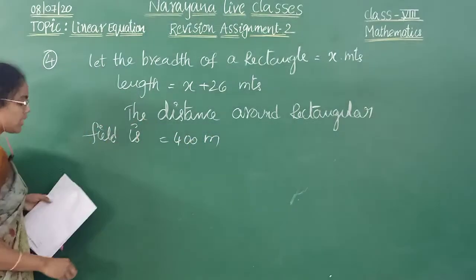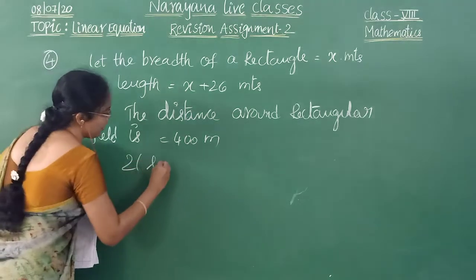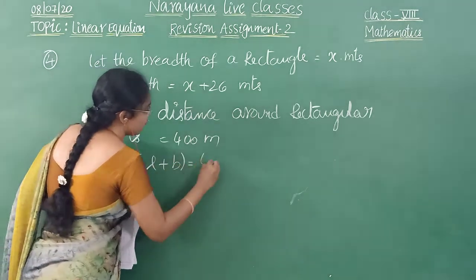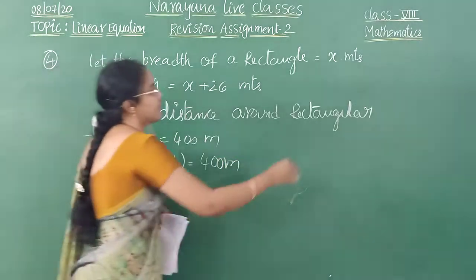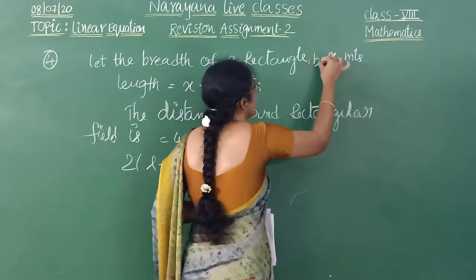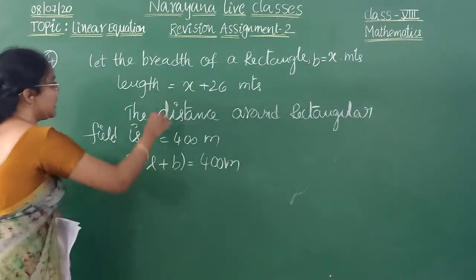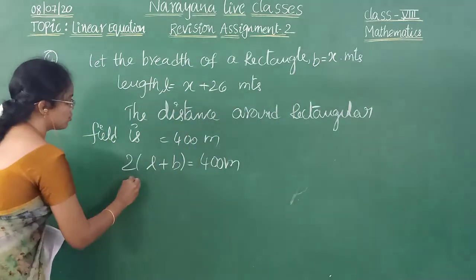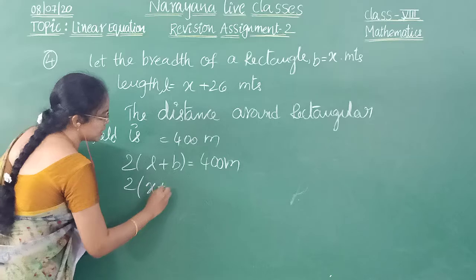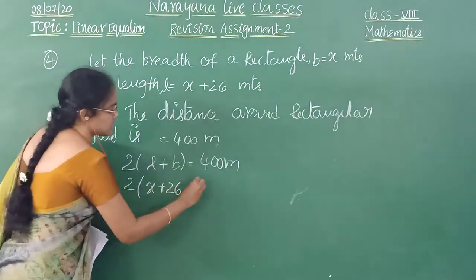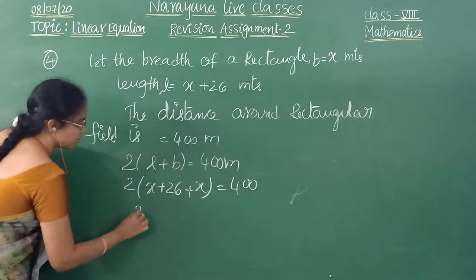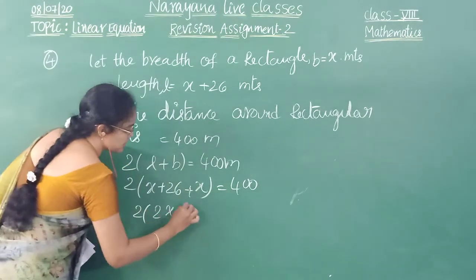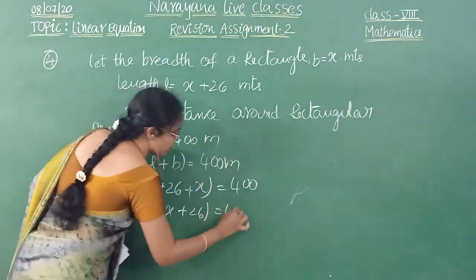We take the distance around a rectangular field as the perimeter. So the perimeter is 2 into (L plus B) equal to 400 meters. We take the breadth of the rectangle as B and the length of the rectangle as L. So 2 into (L value x plus 26, B value x) is equal to 400. So 2 into (x plus x plus 26), that is 2 into (2x plus 26), is equal to 400.